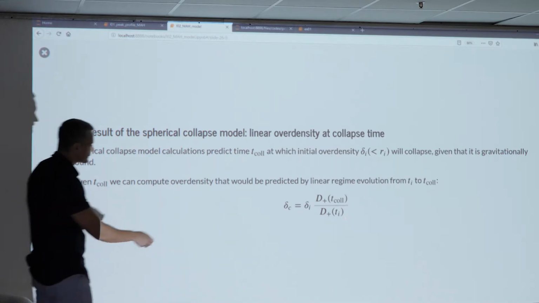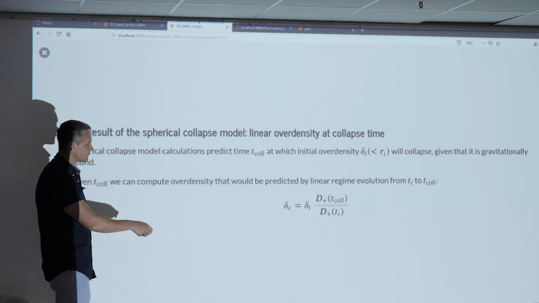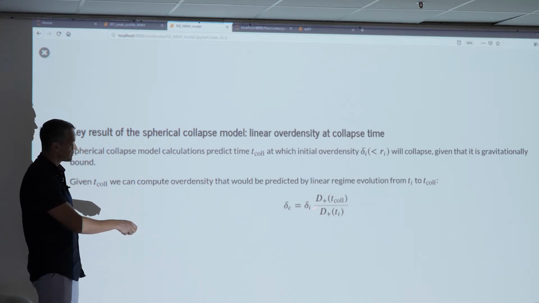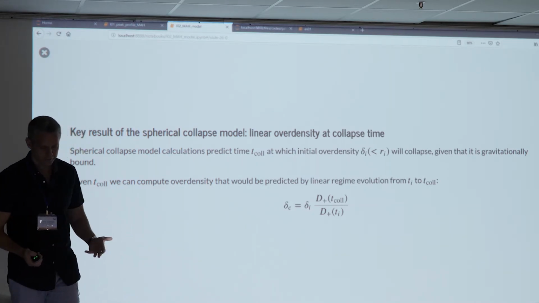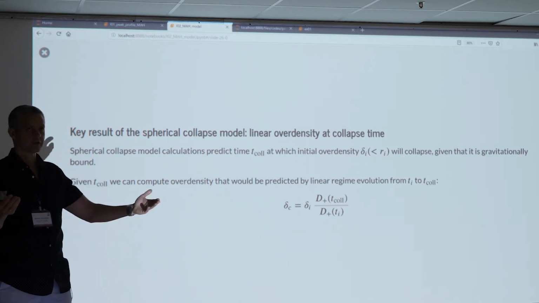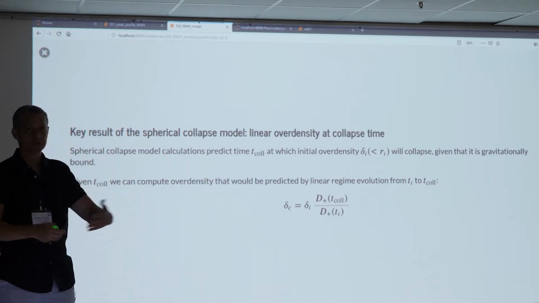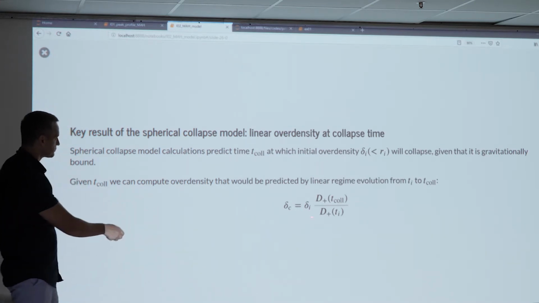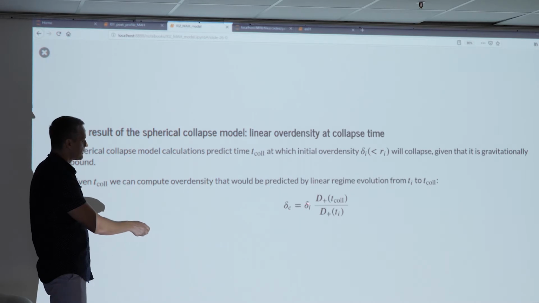There are these growth factors because they tell us how much this perturbation would evolve according to the linear theory. This factor is just to divide it. Initial perturbation is the actual perturbation from which we start. For example, at redshift 1000, that initial perturbation can be 10 to the minus 3 or so. For galaxy scales, it's about 10 to the minus 2 or so. So this is a very small value. If we divide it by the growth factor at that time, it linearly extrapolates this value to redshift 0.